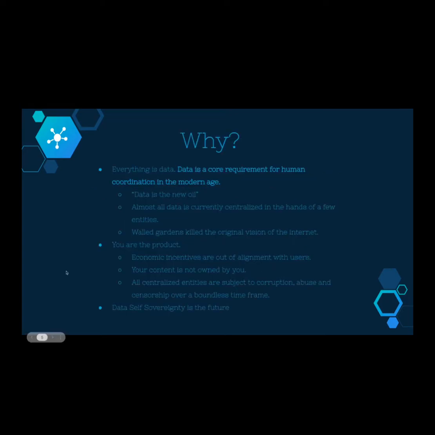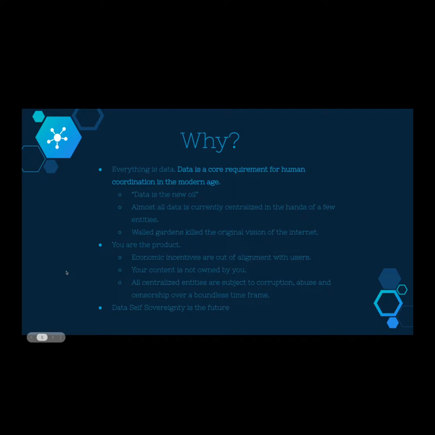So let's talk about the why. If everything is data, I think we can all agree that data is a core requirement for human coordination in the modern age, because we're all coordinating through the internet. This presentation is taking place through the internet. I think we all met through the internet, probably most of us, right?